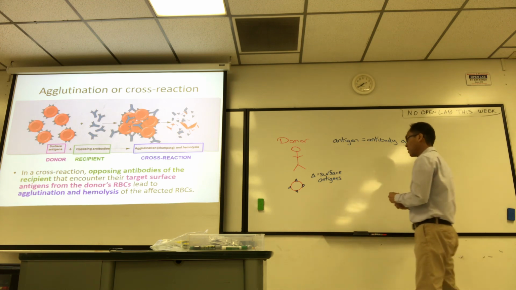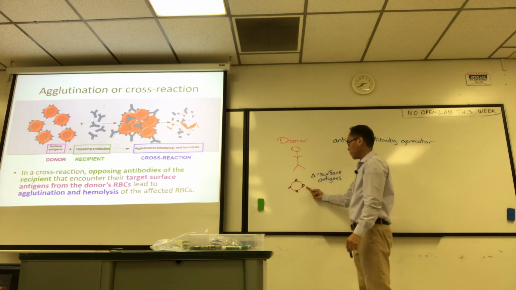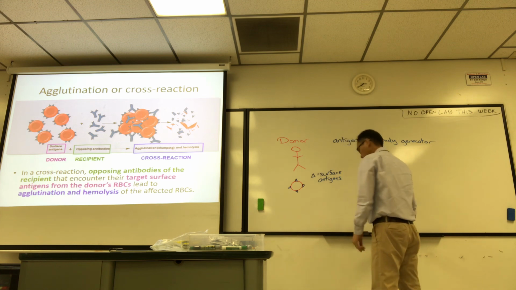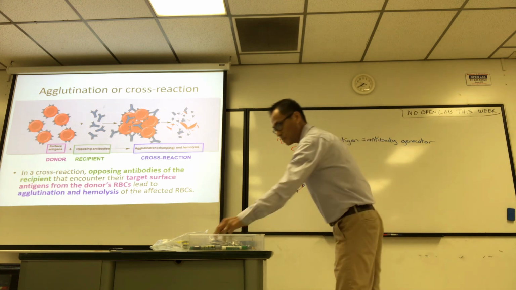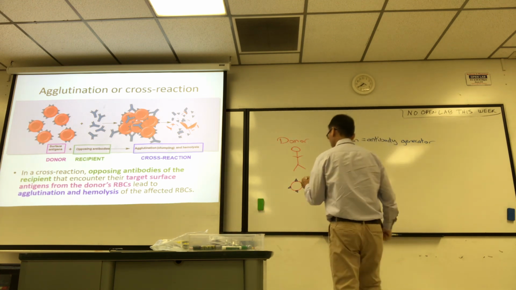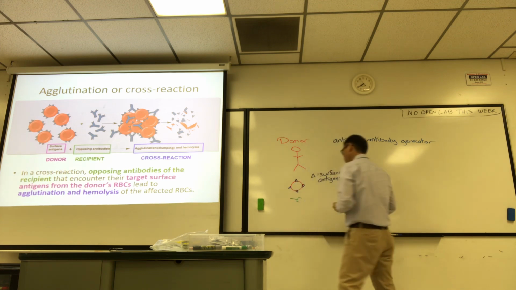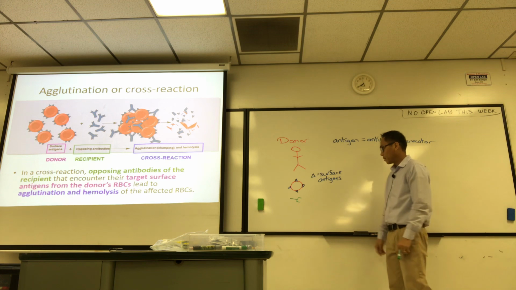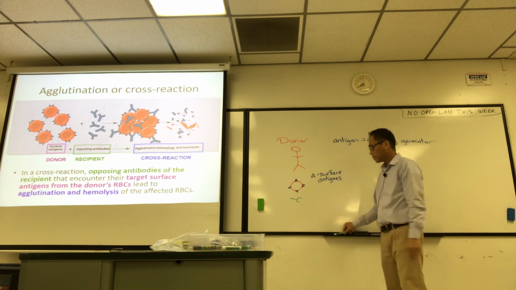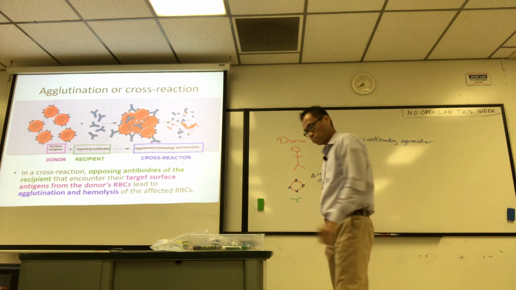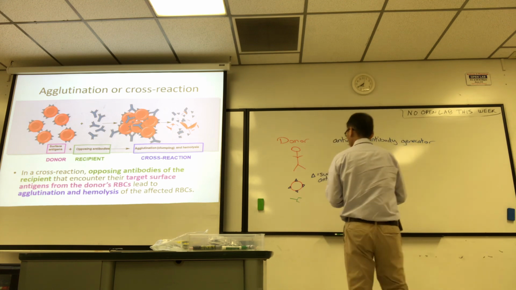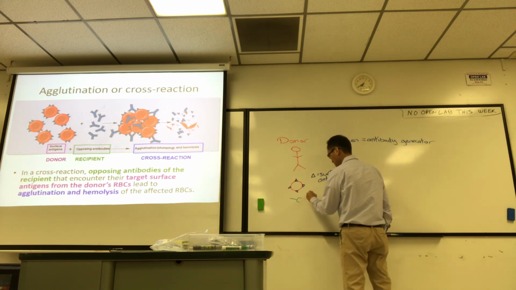So maybe in this person, the donor, they have these red blood cells, and maybe they have other antibodies that have different shapes in their plasma.